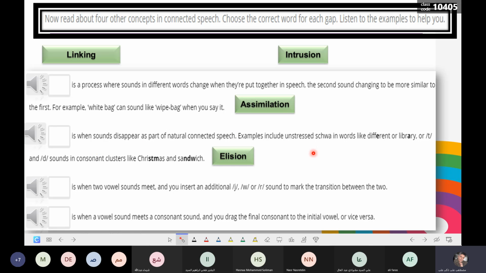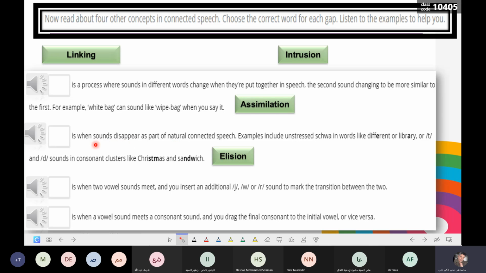When we talk in connected speech, here I want to emphasize the difference between pronunciation separately and connected speech. For example, when we say the words disappear as part of natural, and we pronounce each one of these words separately, the sound is quite clear and stressed.